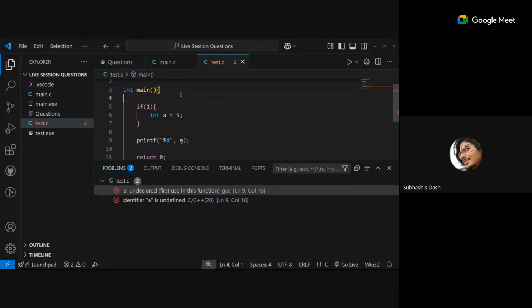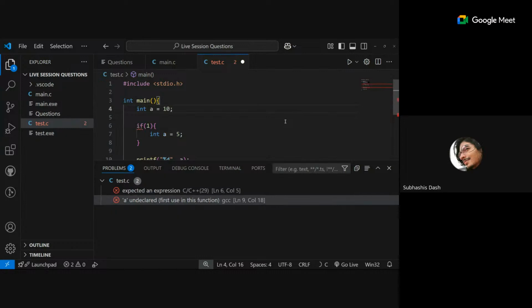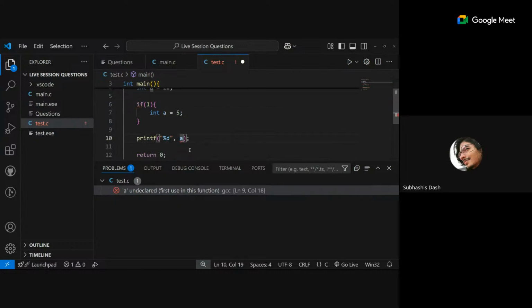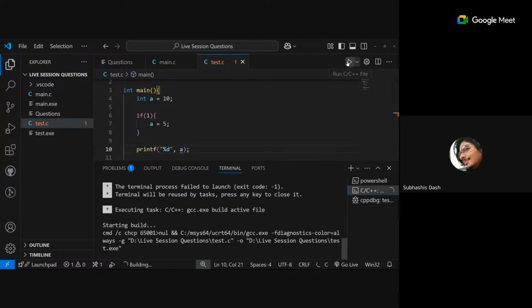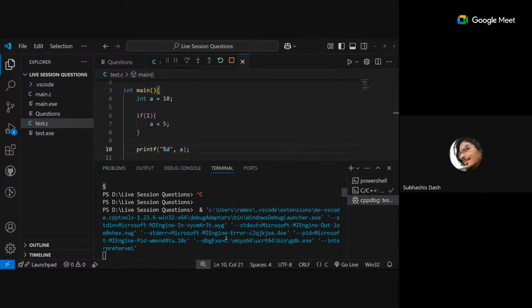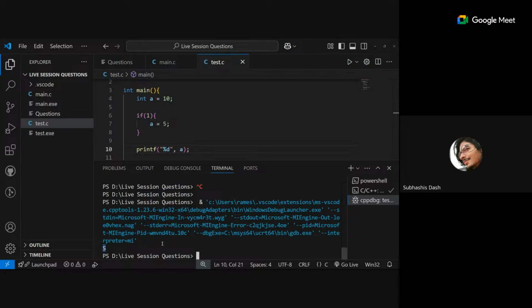So what will happen if I just do int a equals, let's say, 10, and now I print this over here? What will the output be? I'll just remove this one. So now what will the output be? 10. Okay, so let's just see. The answer is 5.